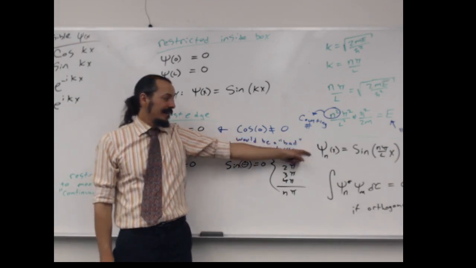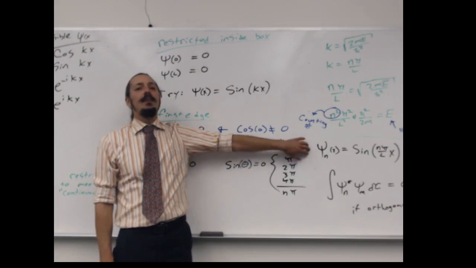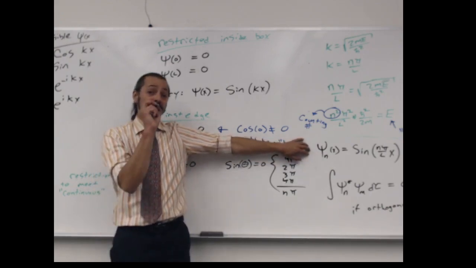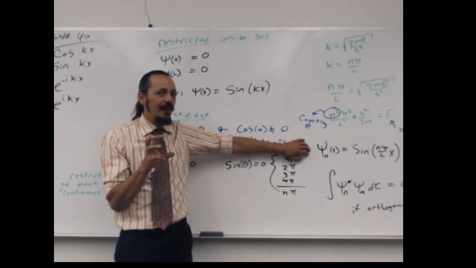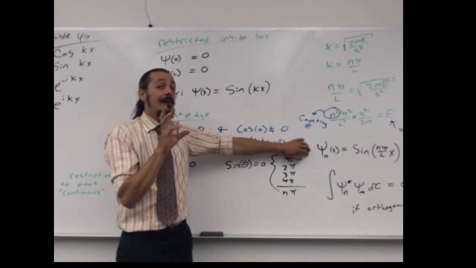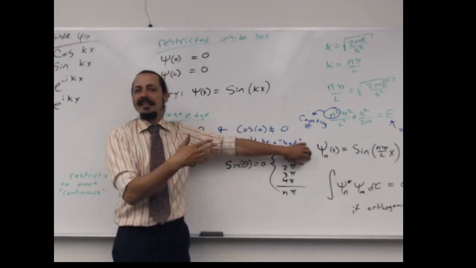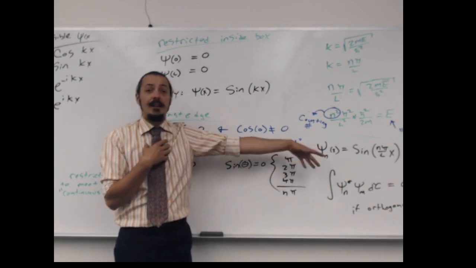And if you look at this, this is still not an eigenfunction of the position. So we can't find the specific position values. We can find an average position, and we can find an average momentum, and we can find the specific momentum value. Well, actually with this function, this isn't even an eigenfunction of momentum. Because if you take the derivative of sine, you get cosine.